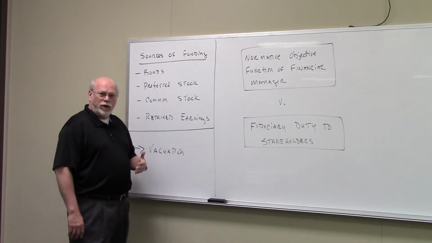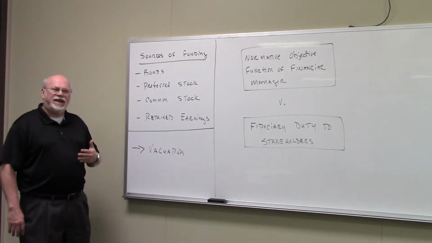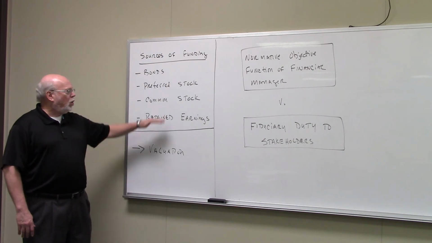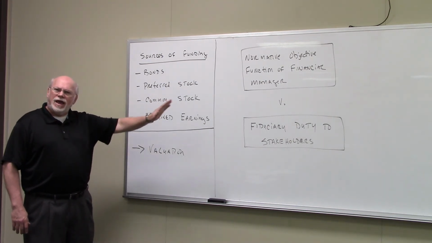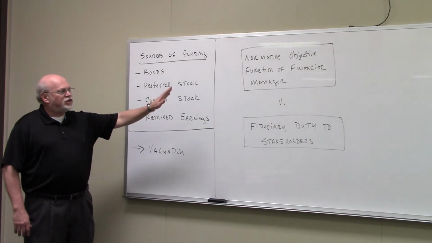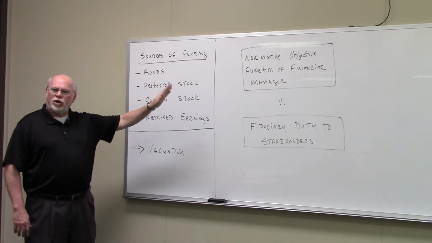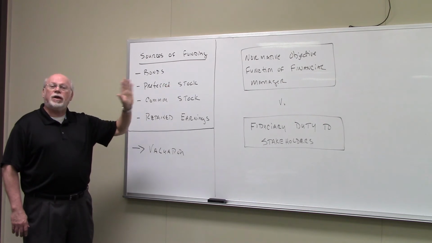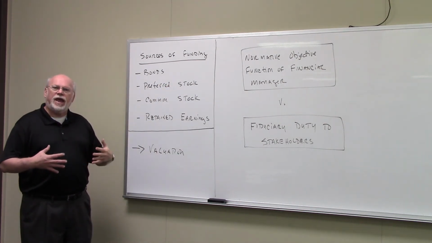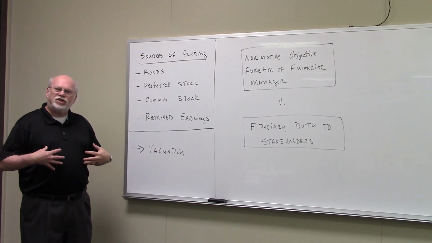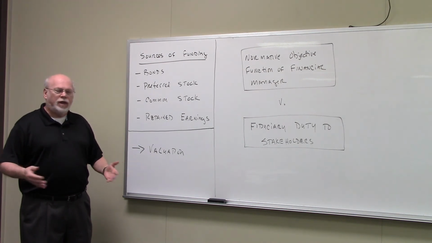Shareholder wealth is the same thing as saying the value of the firm or the price of the stock in the market. That function is only about common stockholders, the owners of the company. And indeed, as a financial manager, we want to maximize the wealth of the common shareholders, the owners of the company.